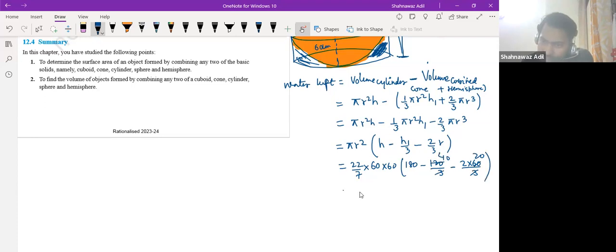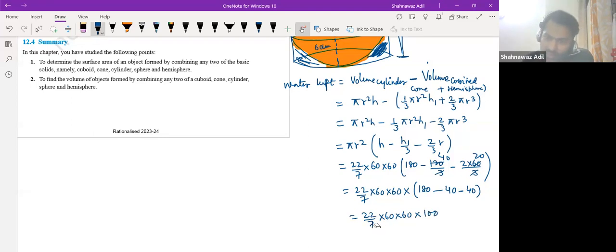So 22 by 7, 60, 60, 180 minus 40 minus 40. Oh, good, we are getting 40 and 40. This is not cancelled, right? So this is 180 minus 80, this is 100.